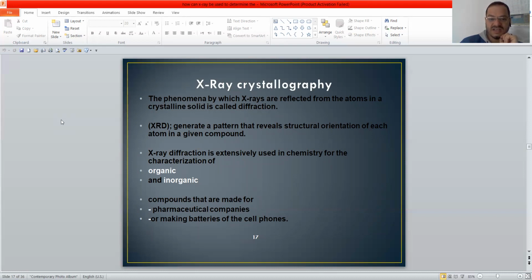X-ray diffraction is extensively used in chemistry for the characterization of organic and inorganic compounds.